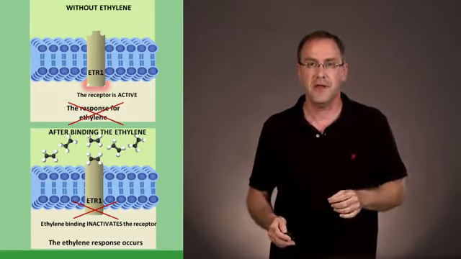Physically, what's happening is the ethylene is actually going into the middle of this protein, into the middle of the ethylene receptor. And when it binds in the middle of the receptor, it's actually changing the shape, such that in the absence of ethylene, the shape of the receptor allows it to be an active repressor. Once ethylene has bound to the repressor, and we actually know where it is specifically binding in the protein, it changes the shape of the protein, it's turned off, it can no longer communicate anything, and the rest of the ethylene response can continue.